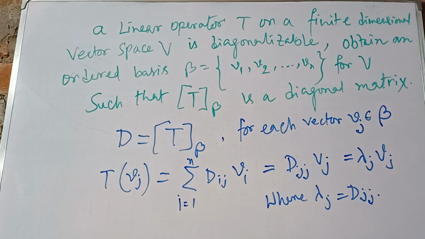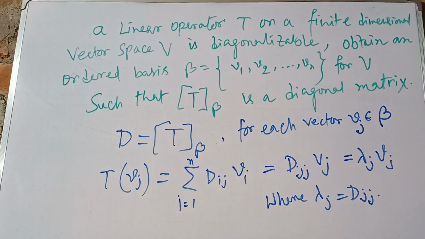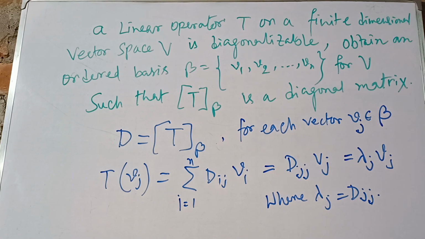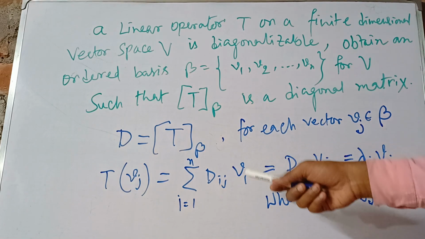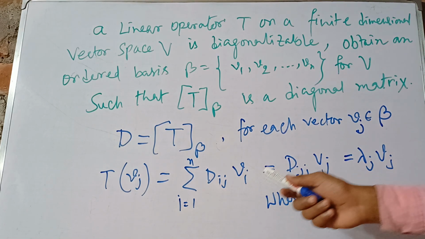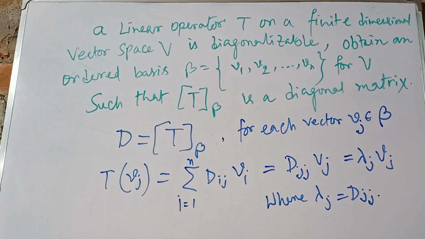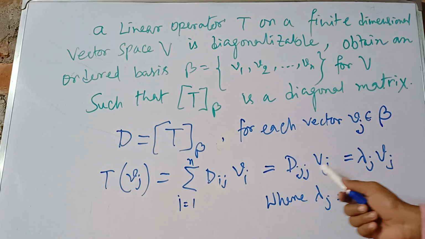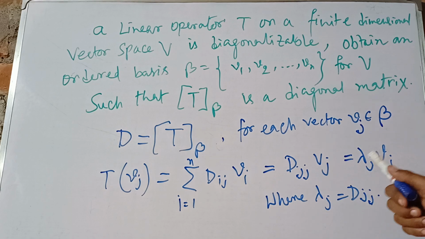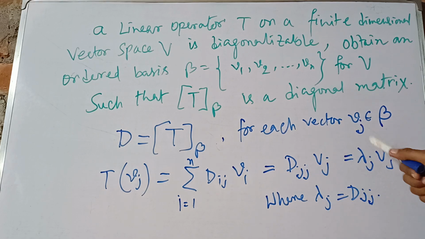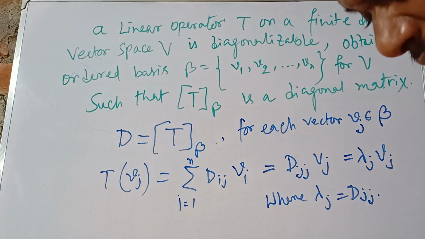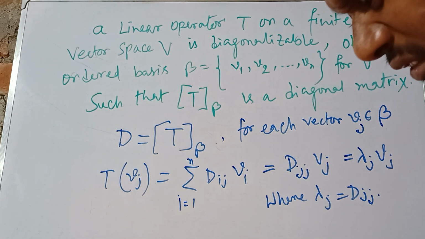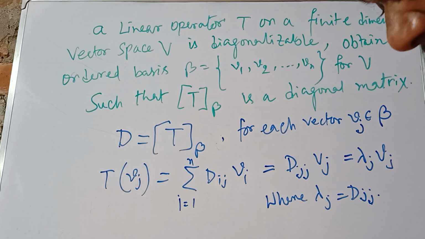So T vj equals the summation over i from 1 to n of dij vi, and obviously this is a diagonal matrix, so it is djj vj, otherwise all are 0. So djj here represents lambda j, and lambda j means some eigenvalue, as we know.